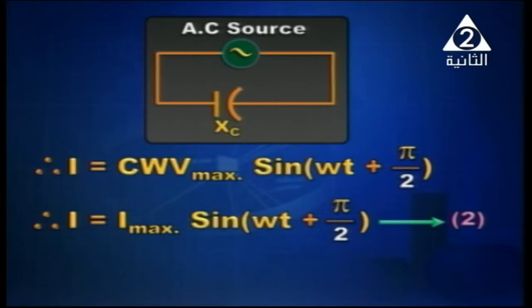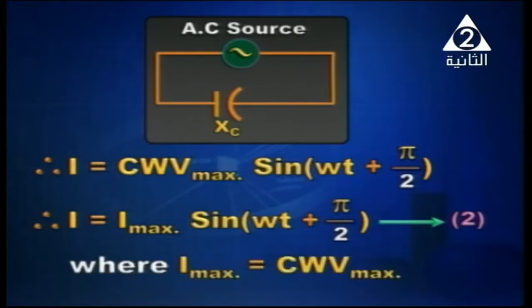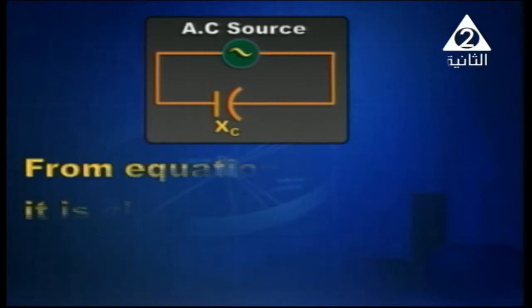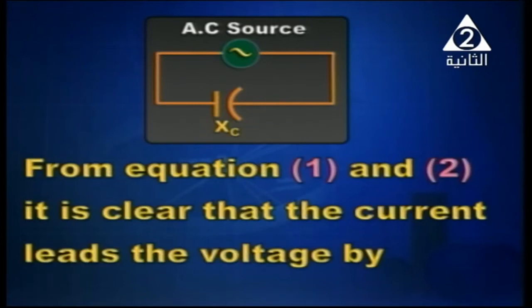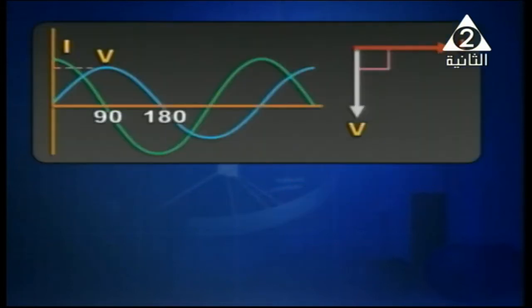And of course, I maximum is equal to the product of C omega V maximum. From the two equations, equation number 1 and 2, it is quite clear that the current leads the voltage by 90 degrees.